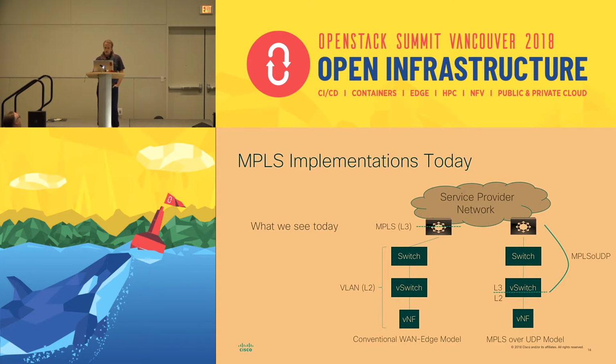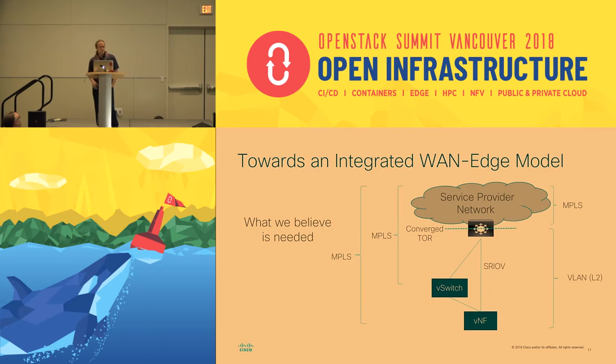What we were thinking is going towards more of an integrated model where we actually collapse the CE and PE capabilities into a single router, which we call a converged TOR, where we basically have the PE capabilities and also the CE capabilities, as well as being able to directly connect via L2 to the compute nodes.